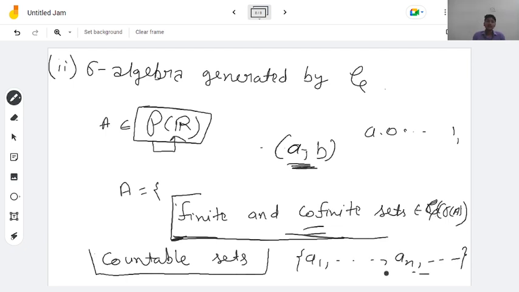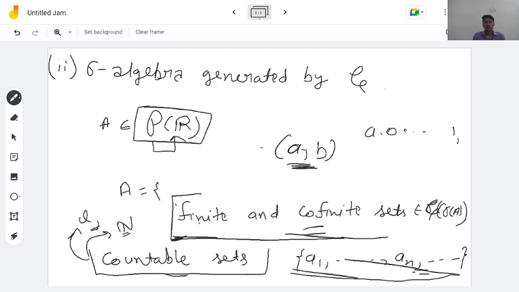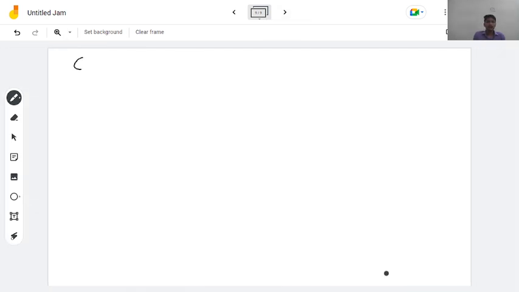What are the countable sets? Countable sets are like Q, N. All these are countable sets. So all these sets can be written in this form. It is a stronger condition than the finite sets. And not only countable sets, if there are countable sets, then their complements will also be there.